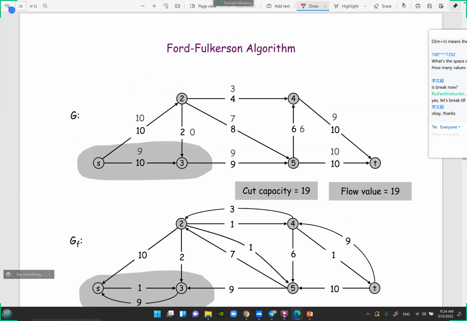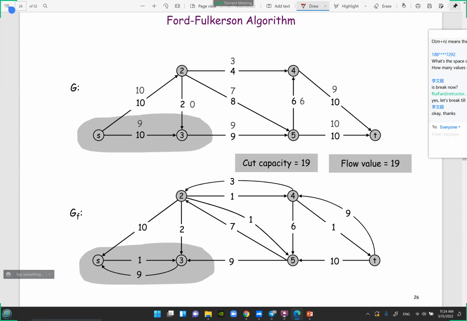One thing that we can observe about this flow of size 19 is this: if you start from node S, how far can you get? You can't go along this top edge, but you can go up to this edge of 3.